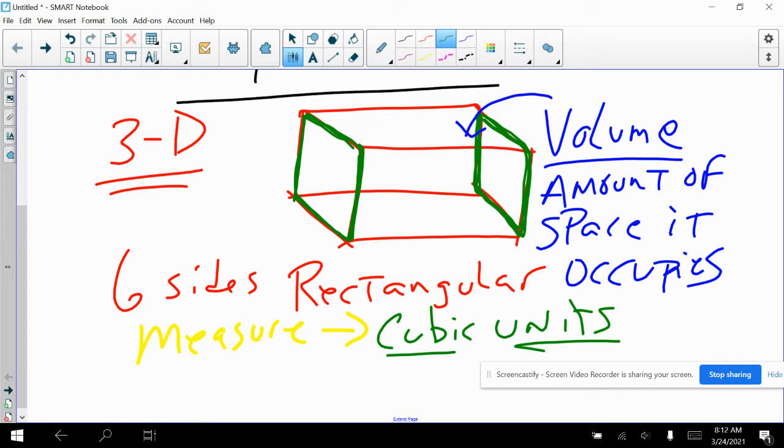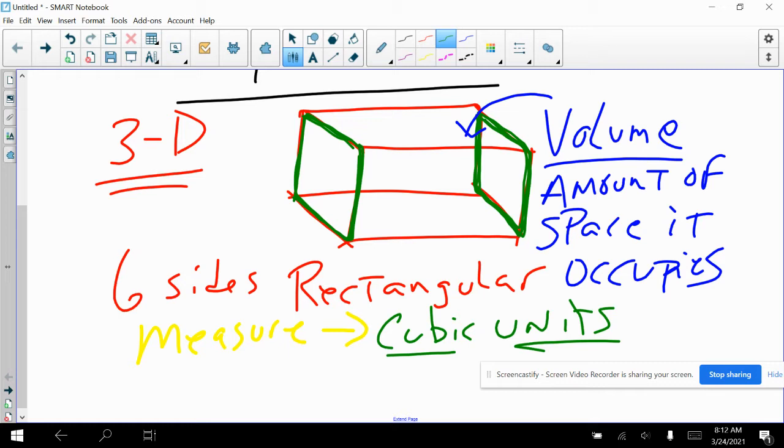Okay, so we have a three-dimensional figure. In this case, we have a rectangular prism. What makes it a prism are the parallel rectangular sides. Everything is not a rectangular prism, and you're going to find that out mostly tomorrow. Volume is the amount of space that the object takes up. Mainly when we talk about volume, it's about the inside of an object.